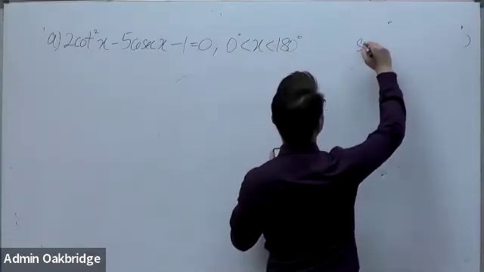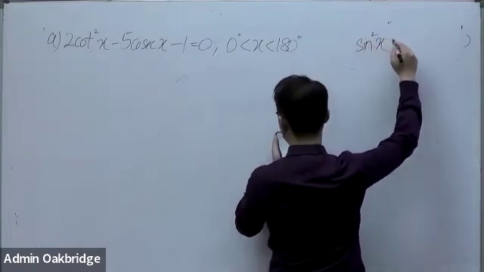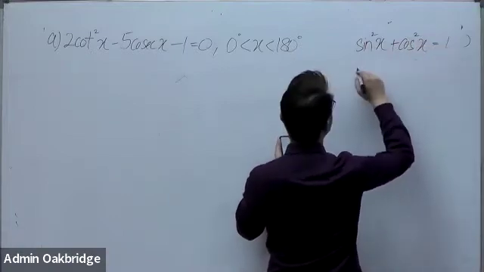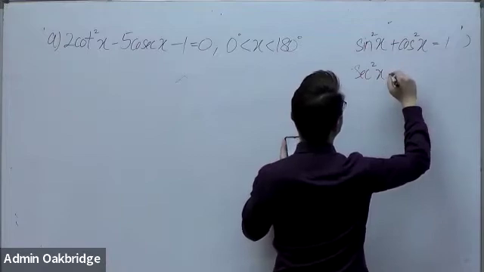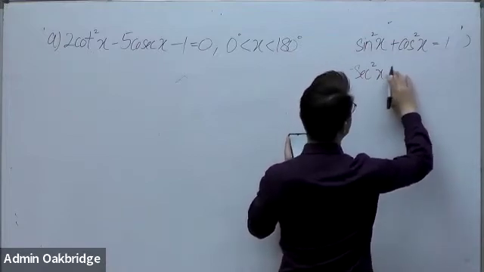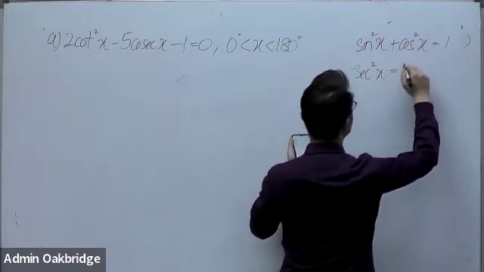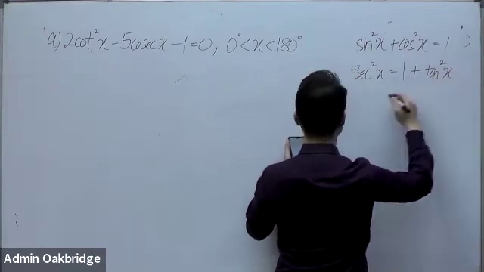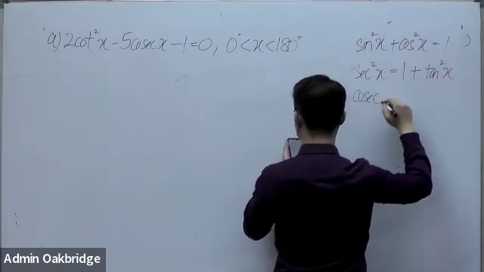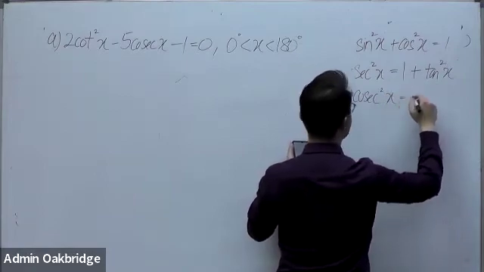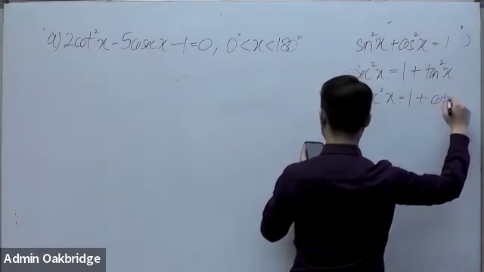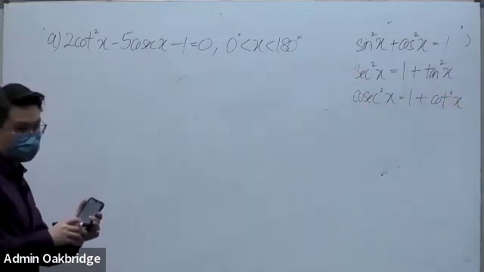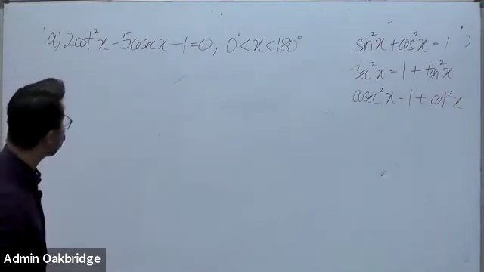We have sine square plus cos square equals 1, and then secant square x equals 1 plus tangent square x, and then the cosecant square x equals 1 plus cotangent square x. All right, so these three are the identities of trigonometry.